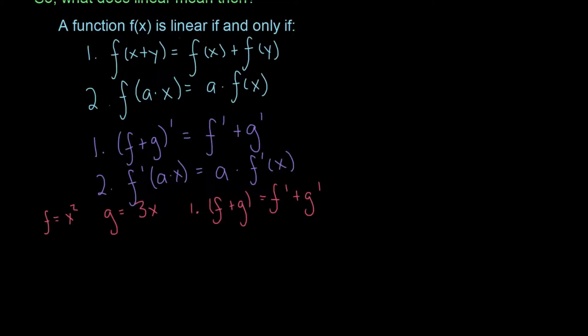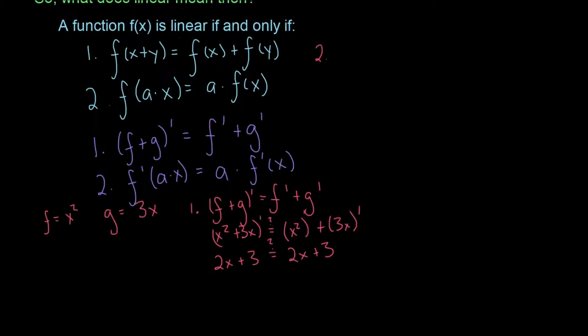So first, we have x squared plus 3x, put that in parentheses, and then we want to take the derivative. We don't know this yet, we're checking it, but this property of linearity says that this should be the same as taking the derivative of x squared and adding it to the derivative of 3x. So let's go ahead and take the derivative of this, again using the power rule. We have 2x plus 3. The derivative of x squared is 2x, and the derivative of 3x is just 3. So we do see that these are indeed equal.